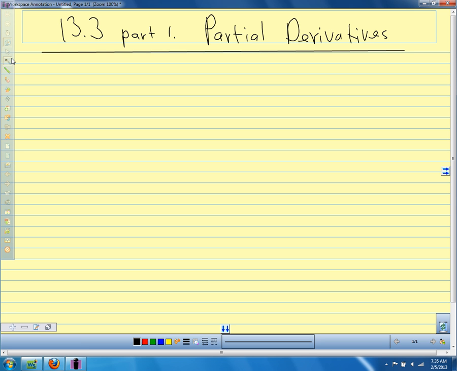Well, with multivariable functions, we have more than one variable, so we can have things changing in more ways than one. So we have to come up with this idea of a partial derivative, and we get to learn our first new symbol this year. So we're going to define what we mean by a partial derivative.